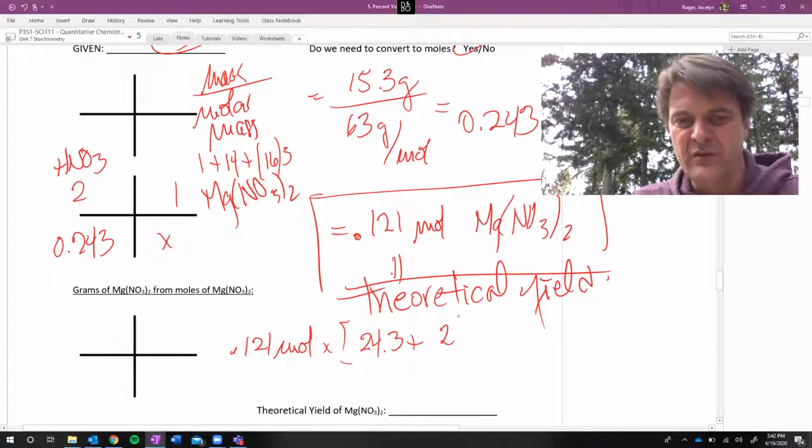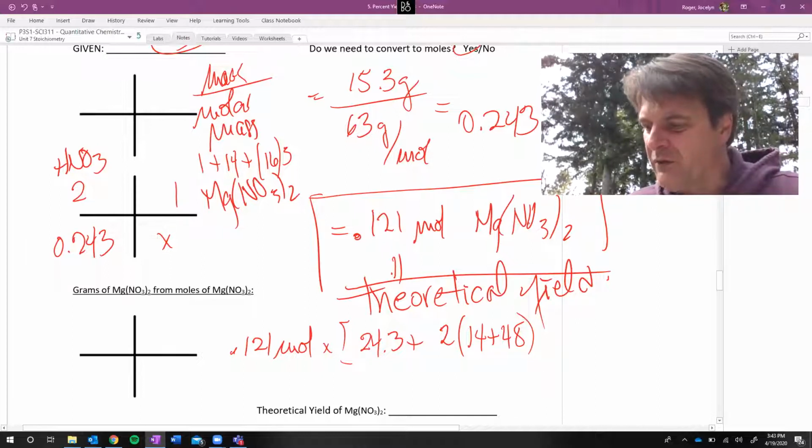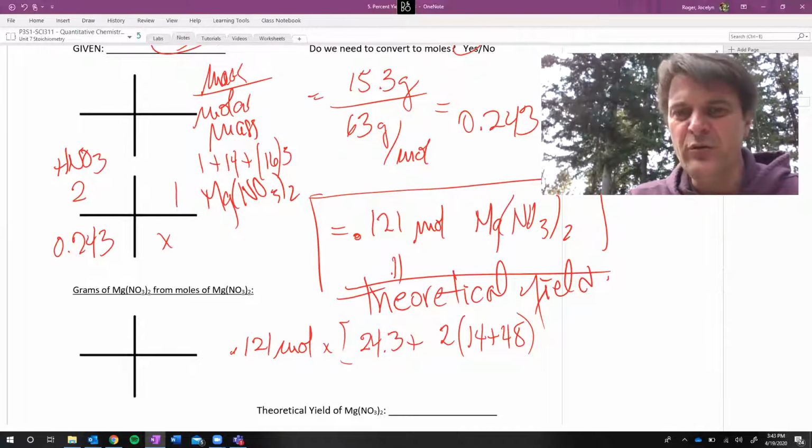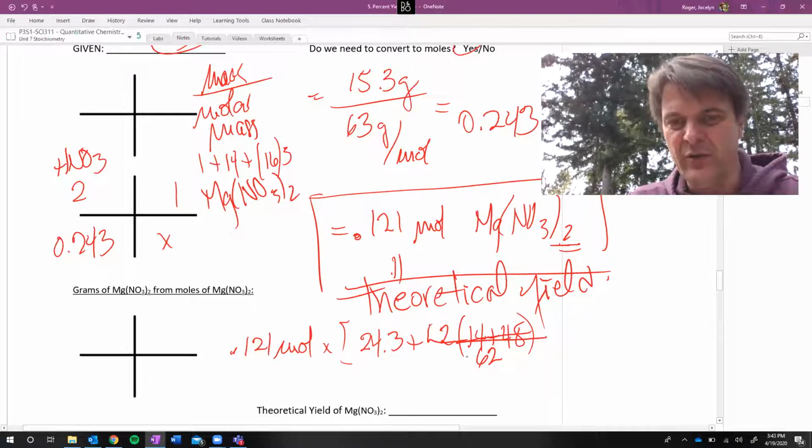NO3 is 14 plus 48, which is 3 times 16. So 14 plus 48 equals 62, and that's the mass of NO3. There's 2 NO3s, so 62 times 2 is 124.